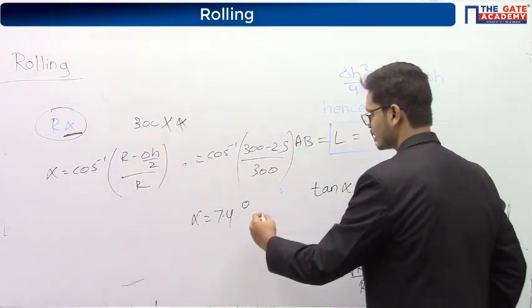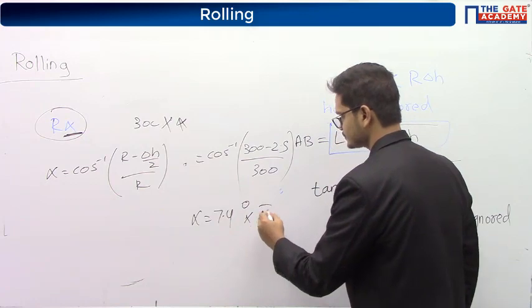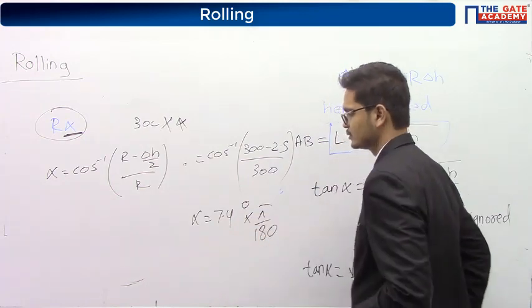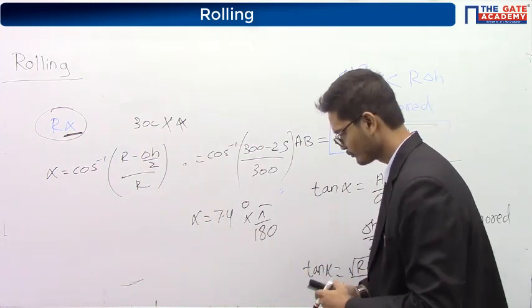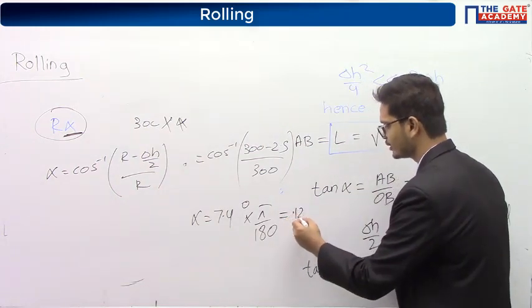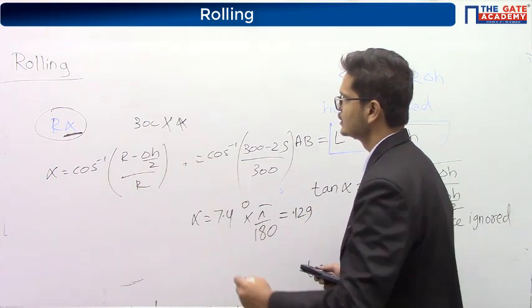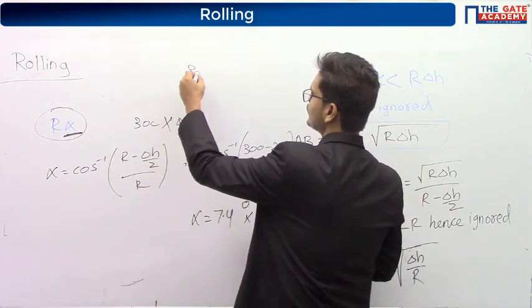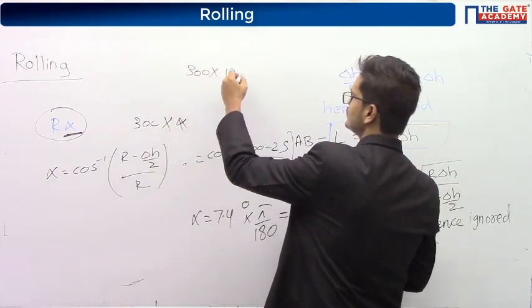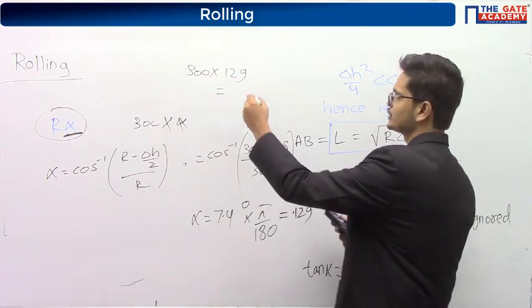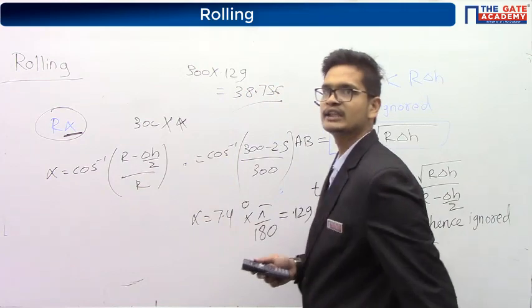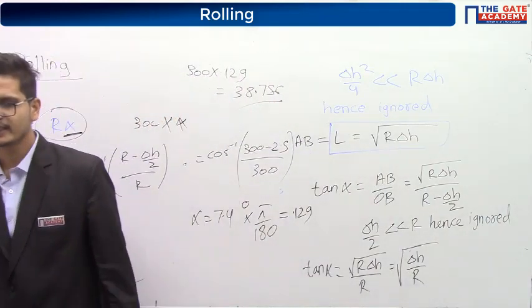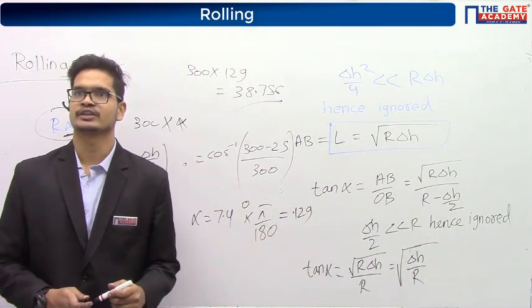So 7.4 degrees converts to 0.129 radians. So 300 into 0.129 is giving 38.756. Hence, option B, 39 mm is the right answer.